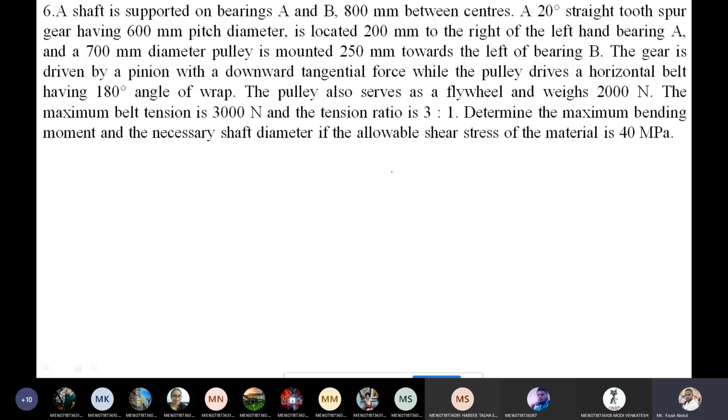See here. The shaft is supported in bearings A and B. Two bearings are there, A and B, and the distance between the 2 bearings is 800 mm. First I'm drawing the shaft. The shaft is mounted on the bearings, and for bearings you draw the conventional symbol like this.